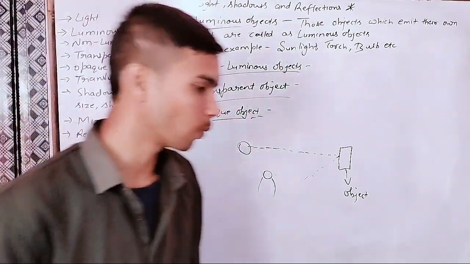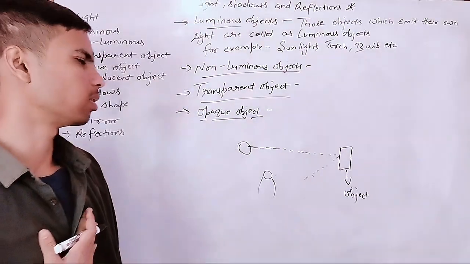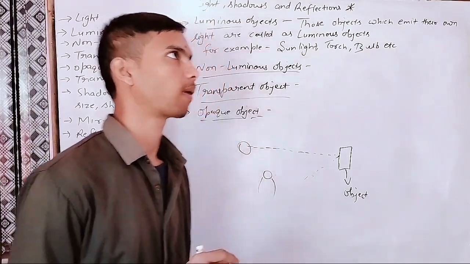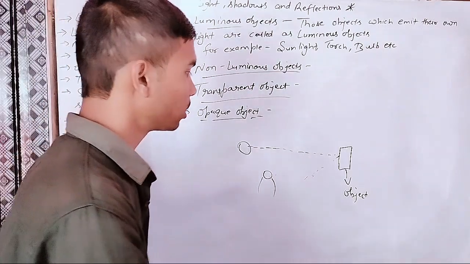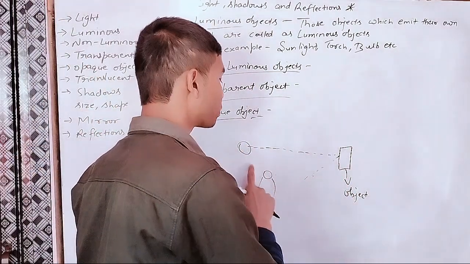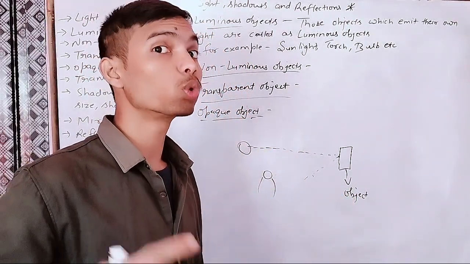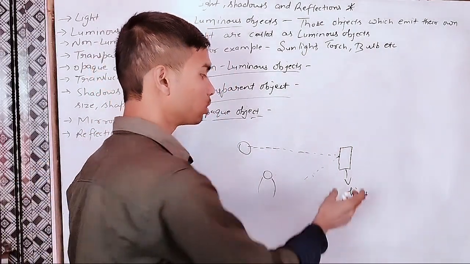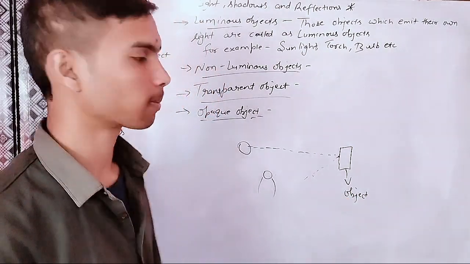It will be possible when we have an object and a source of light. Clear? So here we are not able to see the area behind the object because it is an opaque object; it does not allow light to pass through.